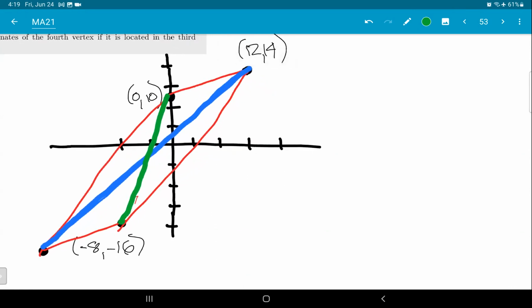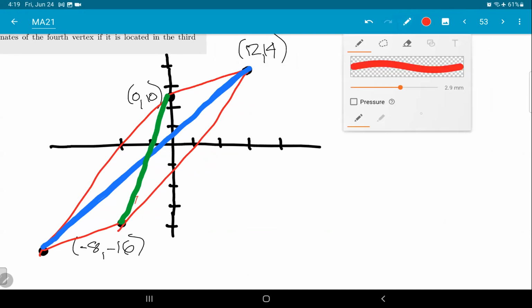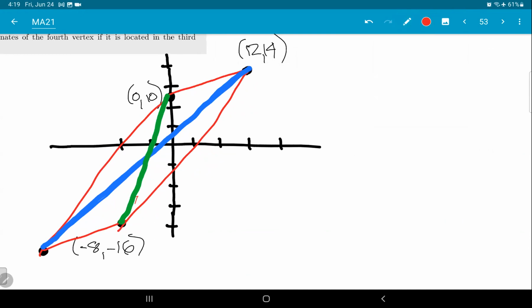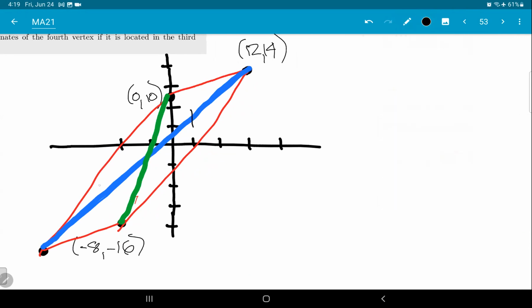Yan. So they bisect each other. How will that help? Using the midpoint formula.